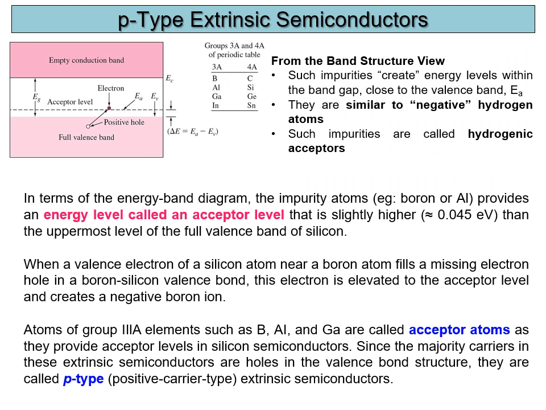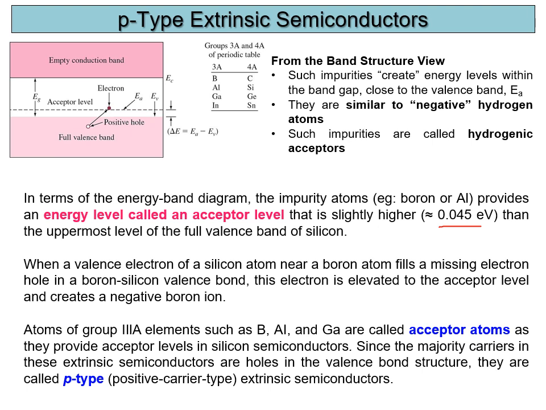In terms of the energy band diagram, impurity atoms such as boron or aluminum provide an energy level called an acceptor level that is slightly higher, around 0.045 electron volt, than the uppermost level of the full valence band of silicon. When the valence electron of a silicon atom near a boron atom fills a missing electron hole in a boron-silicon valence bond, this electron is elevated to the acceptor level and creates a negative boron ion.